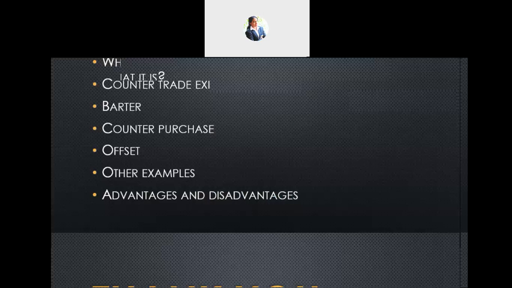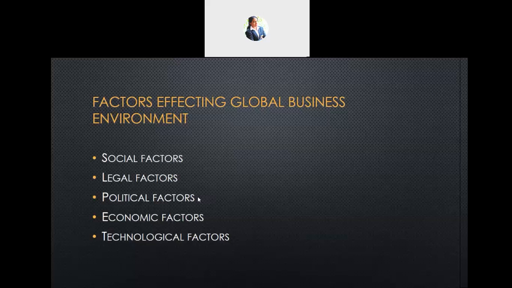Now, having said all this, we come to the end of chapter 3. You will have 5 more chapters. The next chapter is all regarding the financial environment. The fifth chapter is regarding economic institutions.